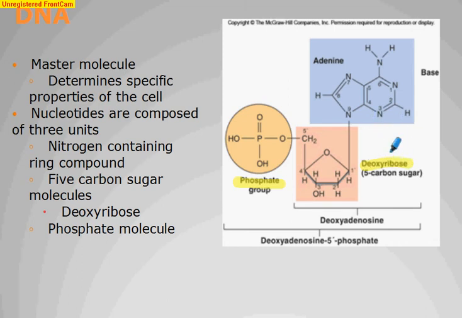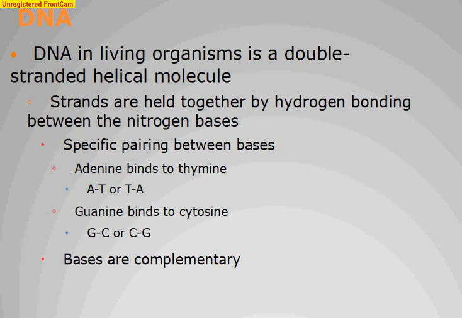So there is our carbohydrate component, the 5-carbon deoxyribose, and then one of 4 nitrogen-containing bases: phosphate, deoxyribose, and base. Your base pairing rules: adenine and thymine are always paired together.